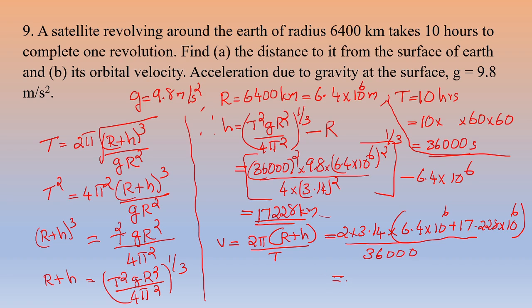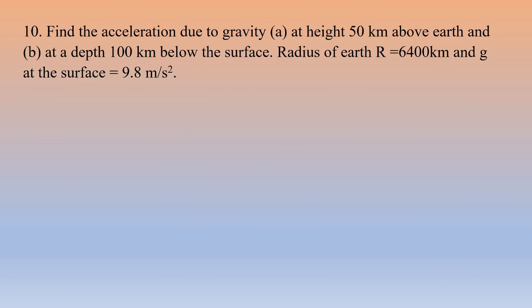So after the calculation, you will get the value of orbital velocity is 4,120 meter per second. That also we can express as 4.12 kilometer per second. Okay.